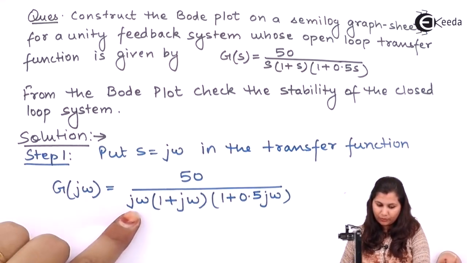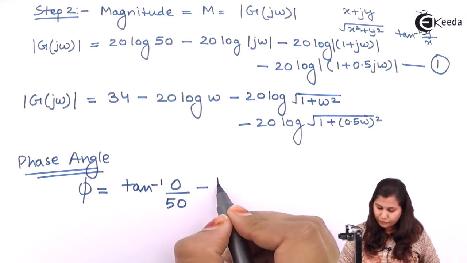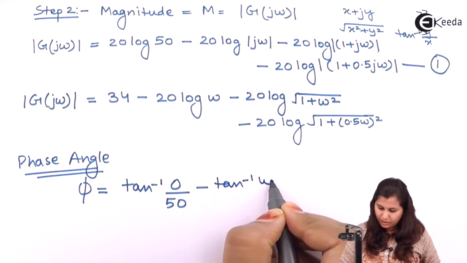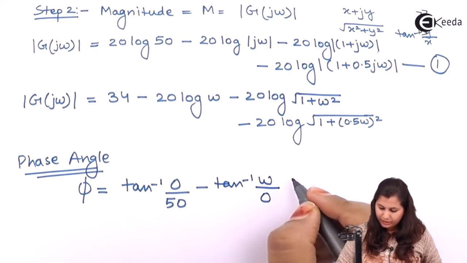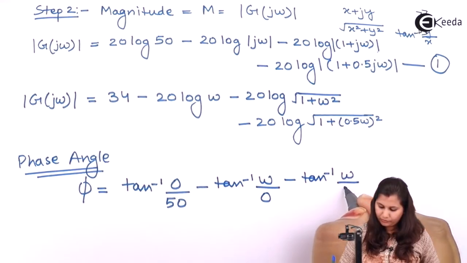Then for the term j omega, we will have minus tan inverse of omega upon 0, because the real part is 0. Then we have minus tan inverse of omega upon 1, since here the real part is 1 and the imaginary part is omega.